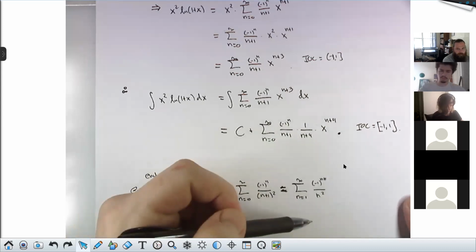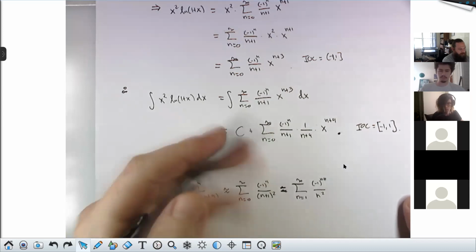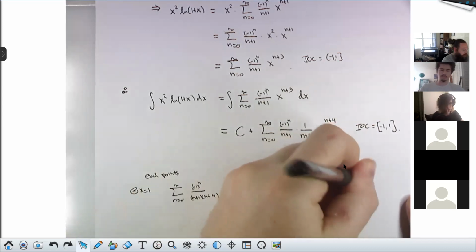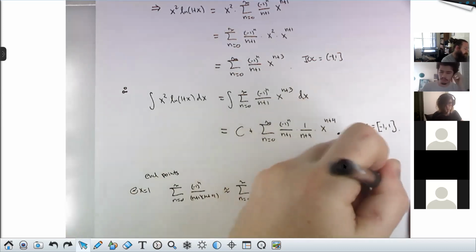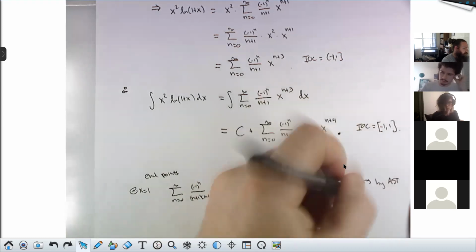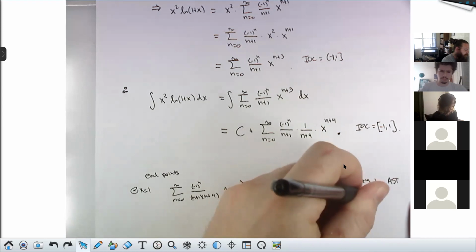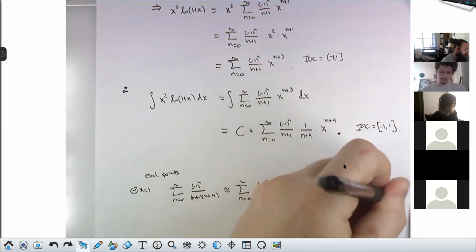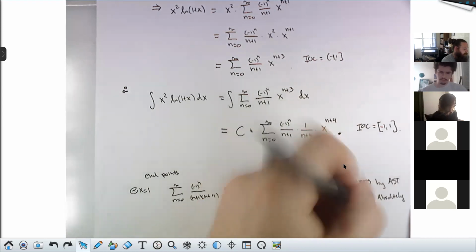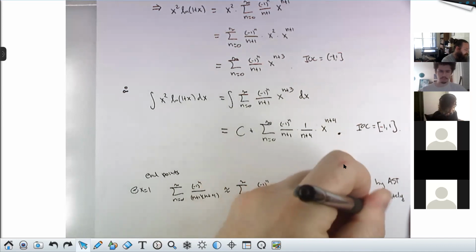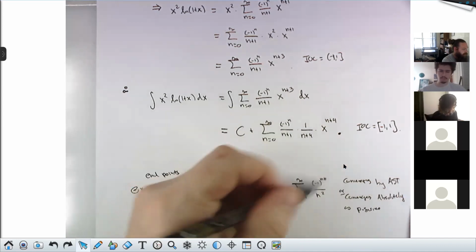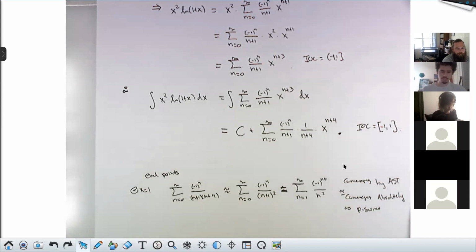You take absolute values inside and you get a convergent P series, or you could just say it converges by AST, or you could say converges absolutely as a P series, because when you take absolute values in here, you get a P series.